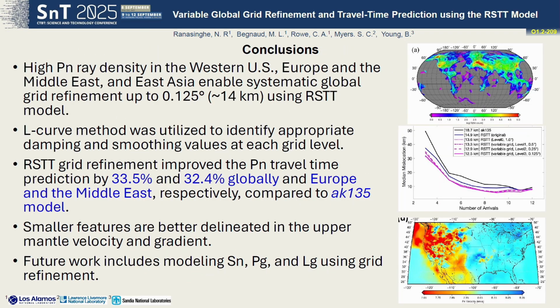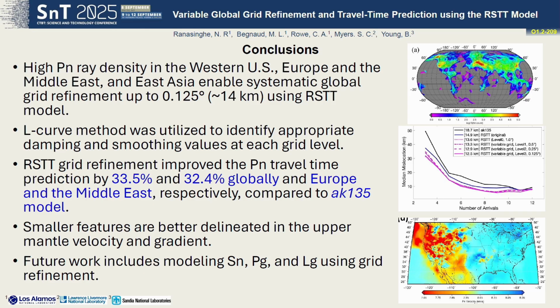So in conclusion, the high Pn ray density in the Western US and Europe and the Middle East and East Asia enables systematic global grid refinement for up to 1/8 of a degree, about 14 kilometers per cell, using the RSTT model.